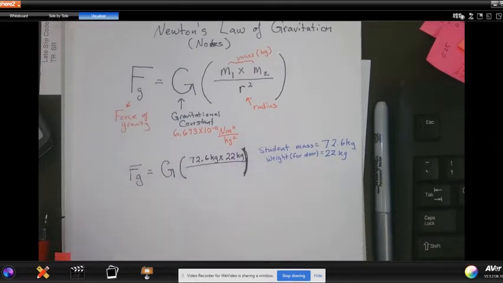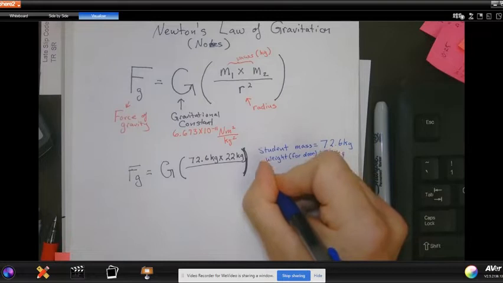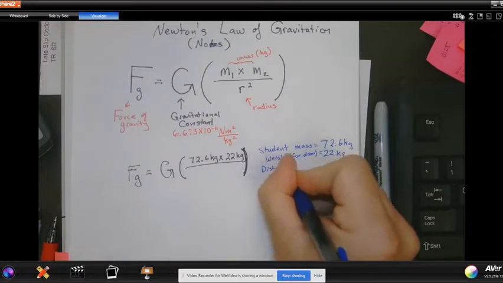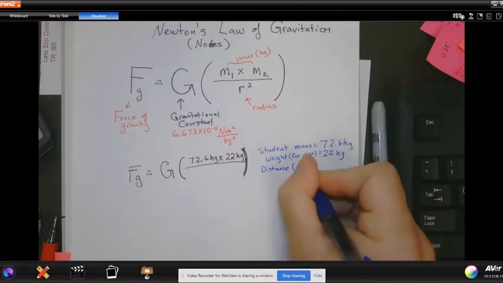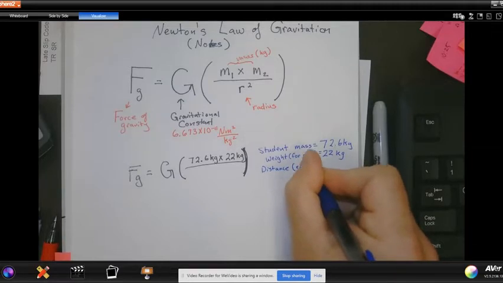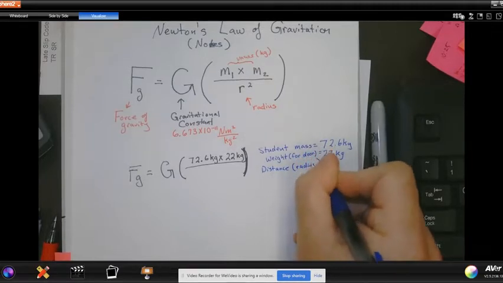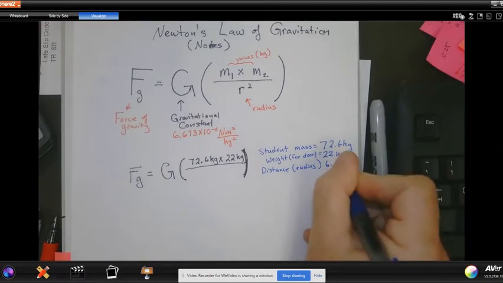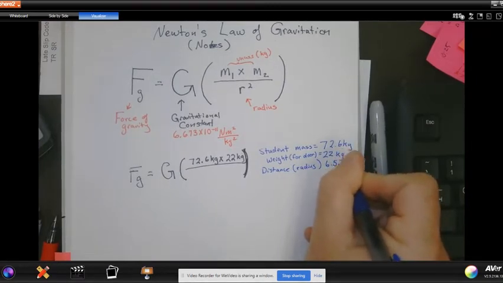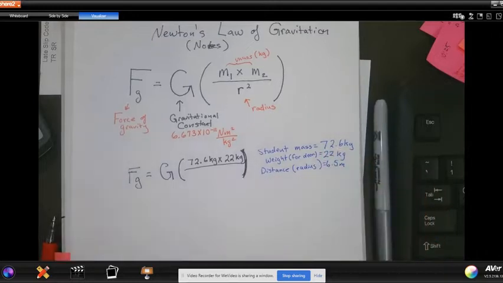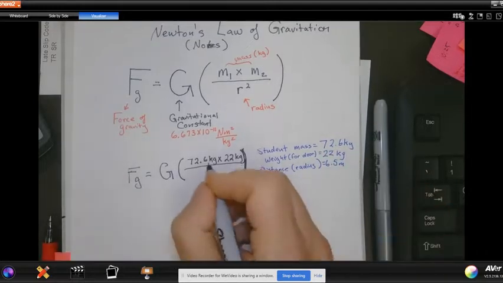And we found out that its radius, or the distance between the two, was about 6.5 meters. All right, so that's the radius.